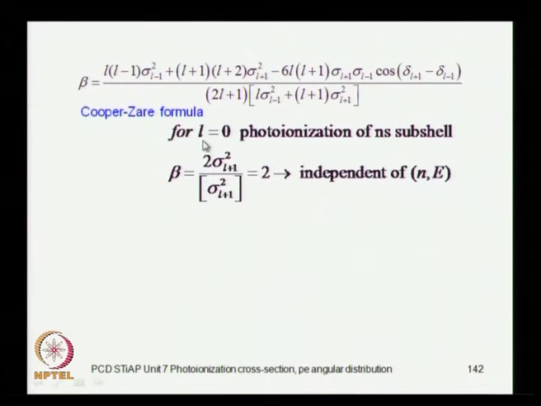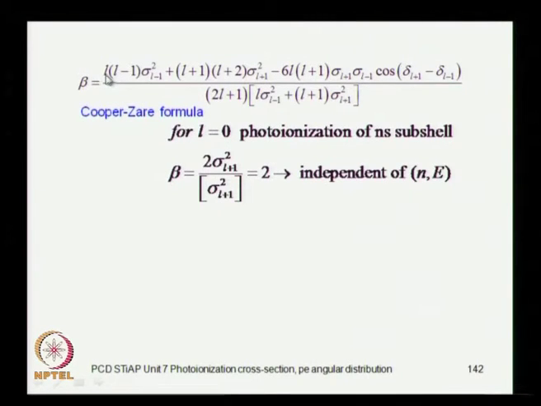If you study photoionization of L equal to 0, it does not matter what the n quantum number is, because for L equal to 0 this term will vanish, this is L into L minus 1, this term is 6 into L times something, so this will also vanish, this is L plus 1 times L plus 2, so L is equal to 0, so this is 1 and this is 2, so you get twice sigma square in the numerator, and in the denominator L is equal to 0, so 2L will be 0 and again L is 0 over here, so this term will vanish and you will have the remaining term which is L plus 1, which is 0 plus 1, so it is again sigma square.